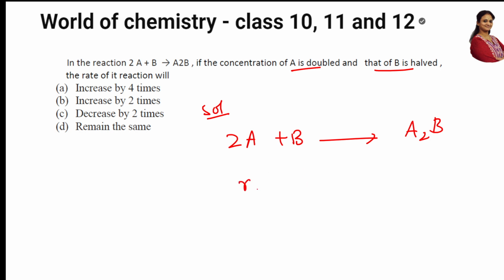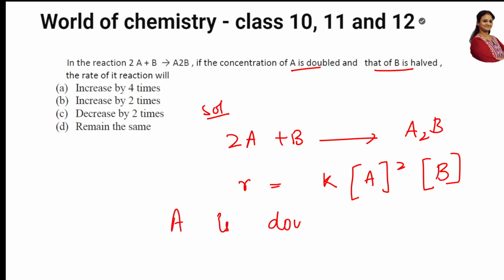What did they say here? The rate of the reaction is dependent upon rate constant into A raised to power of 2, and B. Then they said A is doubled and B is halved. Correct? What will happen to the rate of the reaction, that is what they asked.